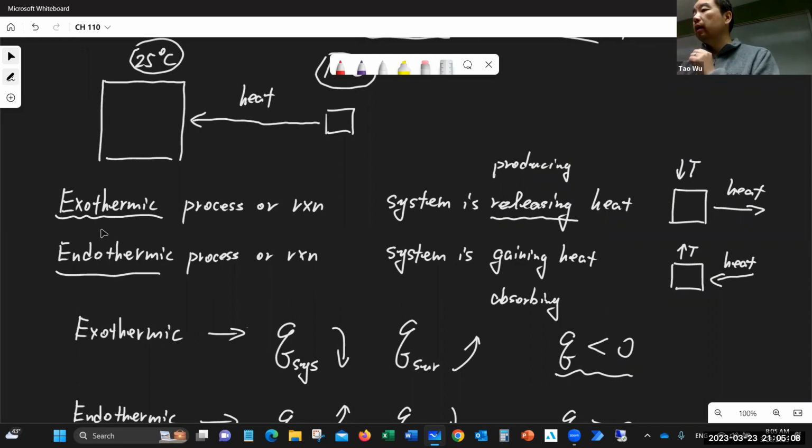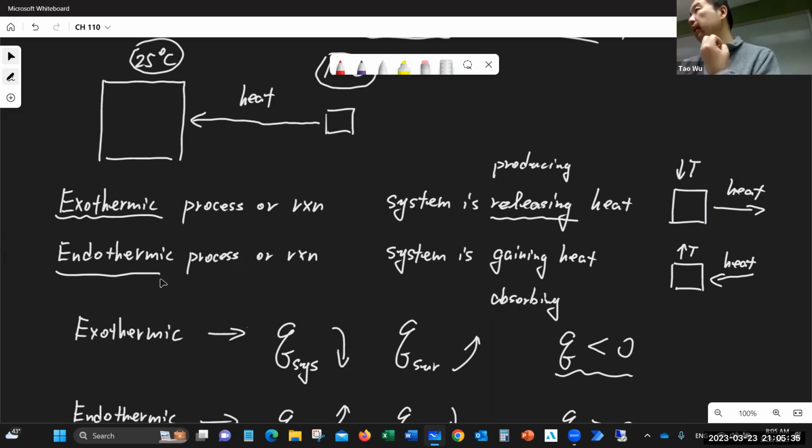Some reactions, like burning wood, or burning things, are all exothermic because we're giving out energy, the system is releasing energy, releasing the heat. So the system will lose the heat, it transfers out.